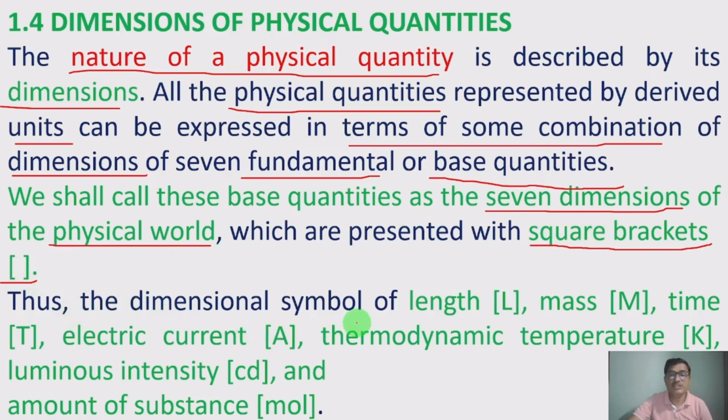Thus the dimensional symbol of length is L within the square bracket, for mass M, for time T, electric current A, thermodynamic temperature K, luminous intensity cd, and amount of substance mol.